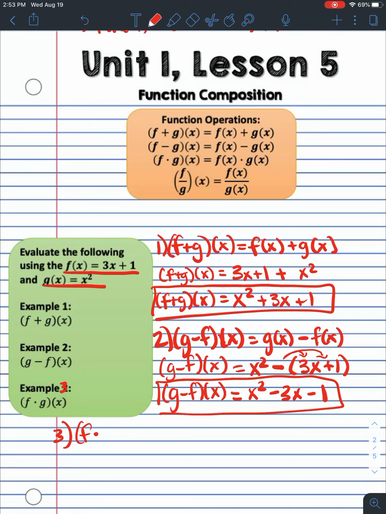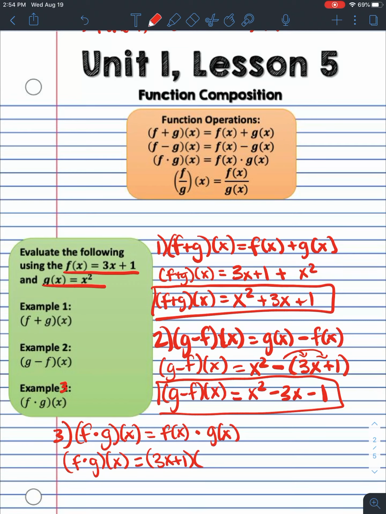Example 3 here is f times g of x. So that means we're doing f of x times g of x. So f times g of x is, f of x is 3x plus 1.